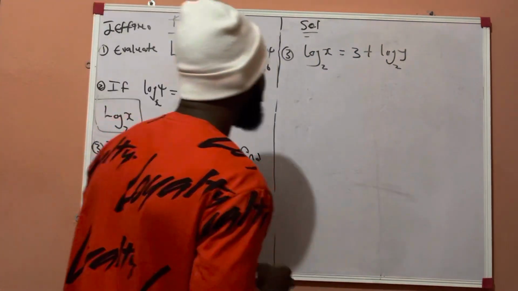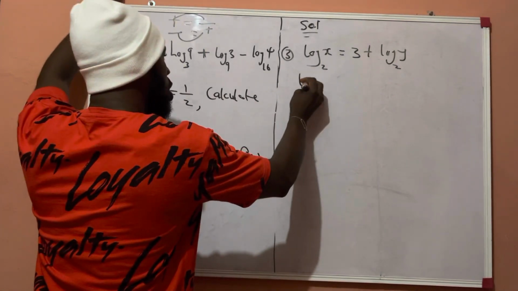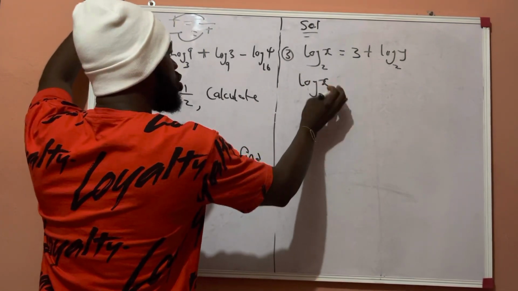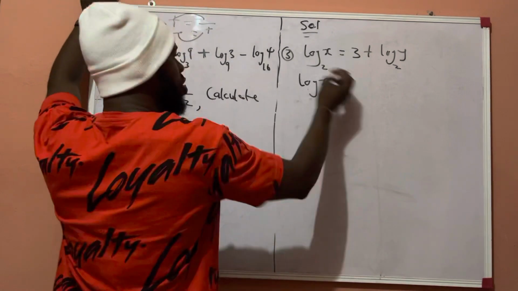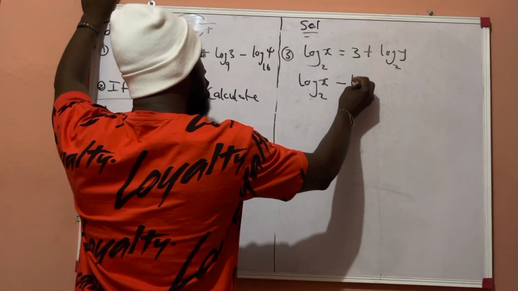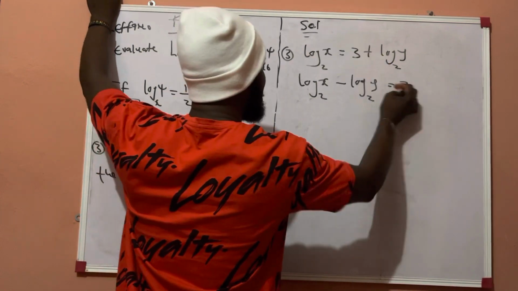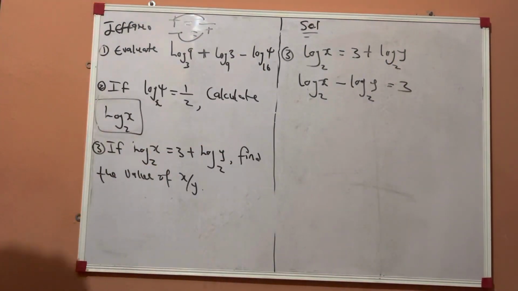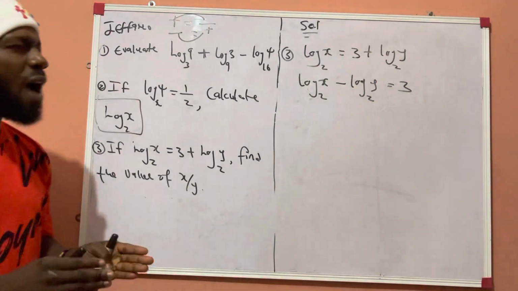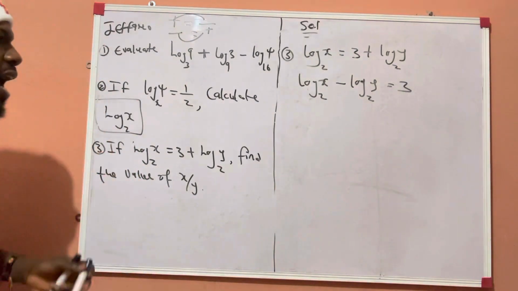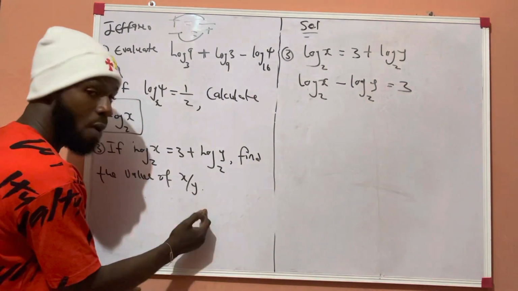So we have log x base 2 minus log y base 2 equals 3. Now remember, we are looking for x over y.